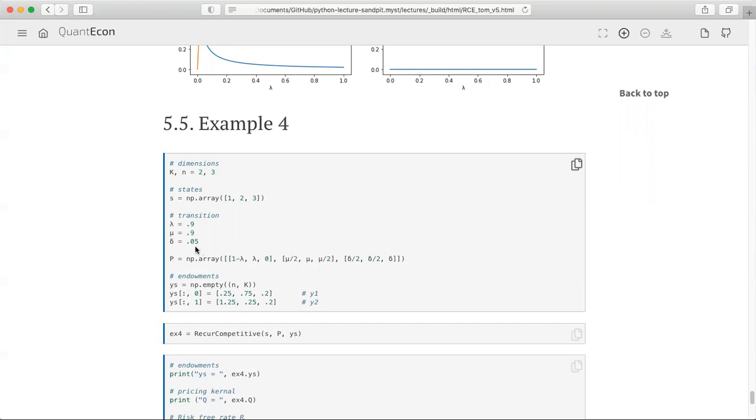And once you get to the third state, you're only going to stay there briefly. Disasters happen, but they're not that long, hopefully. That's what Barro had in mind. There's this disaster, and then you leave it. So that's why I set this delta.